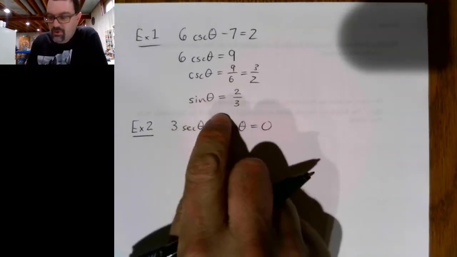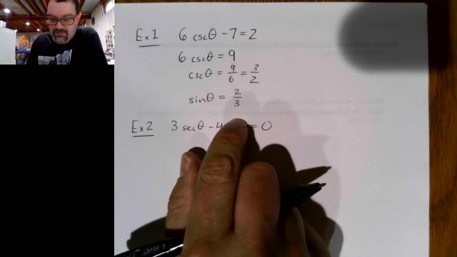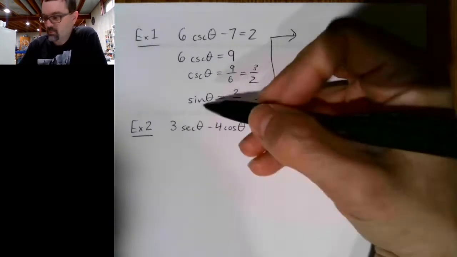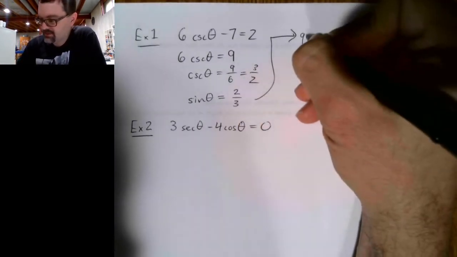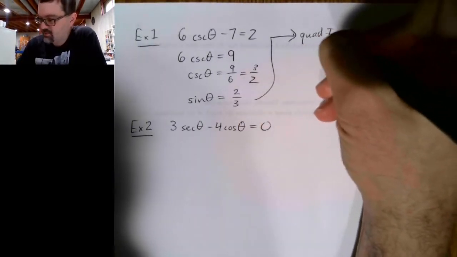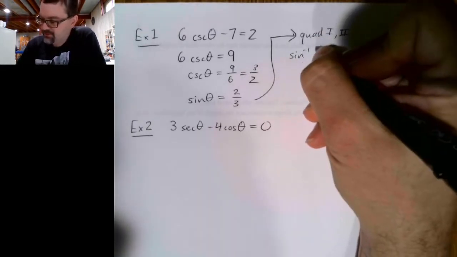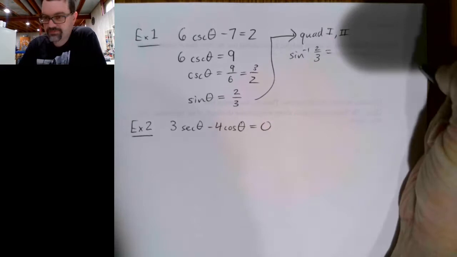So now we're at that point where we have sine function equals a number. All right, so first off, what quadrants are we in? Where's the sine function positive? That's quadrant 1 and 2. What's our reference angle? Inverse sine of 2/3.